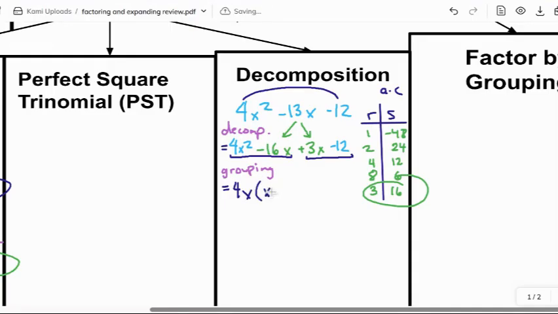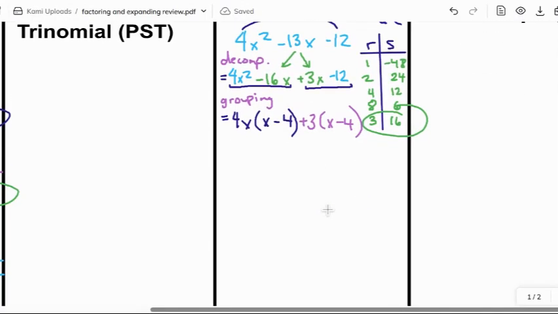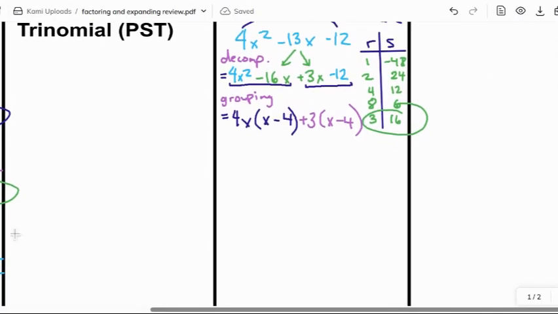We're left with x minus 4. Common factor of the second term, just a 3, leaving x minus 4. And then we common factor again. Look at that, both terms have an x minus 4. And then what's left over?